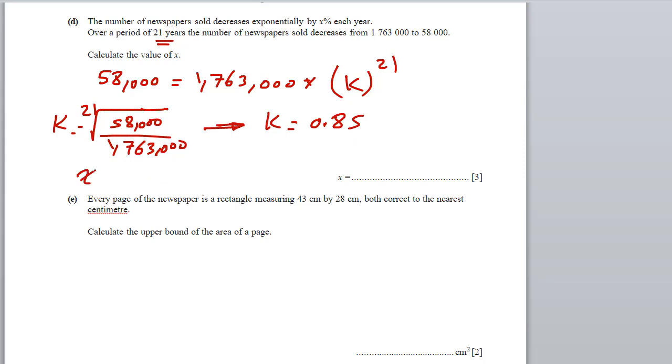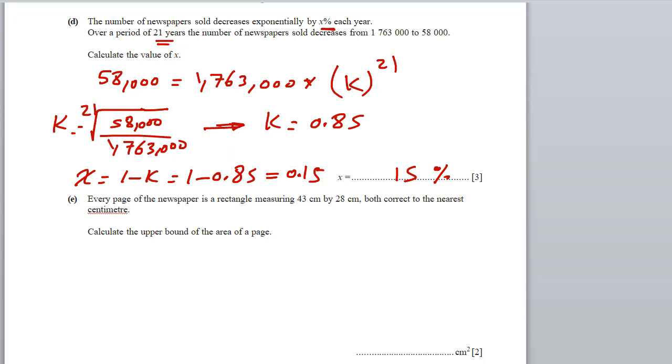So now x is equal to 1 minus k, which is 1 minus 0.85, which is 0.15. So x is equal to 15%. Yes, x is equal to 15.